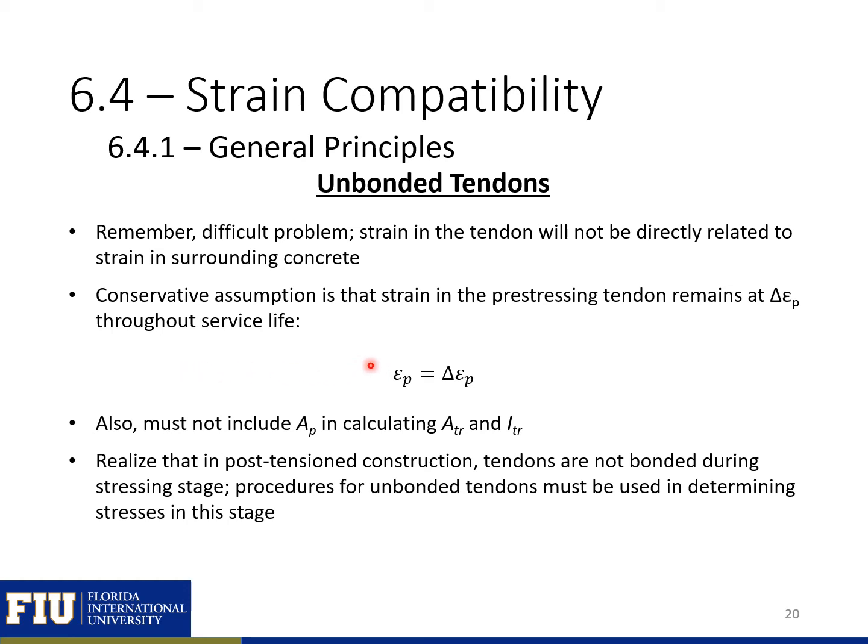And so we can use epsilon p equal to delta epsilon p throughout our calculations. We also need to make sure that we don't include any unbonded strands when we're calculating our transformed properties. So that would be the other main change in what we've talked about so far.